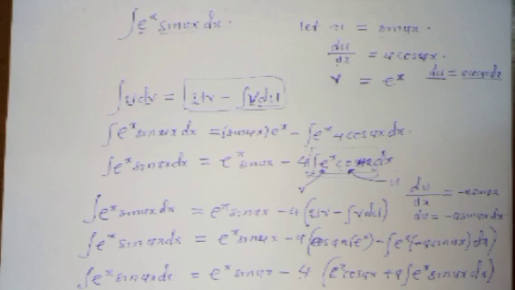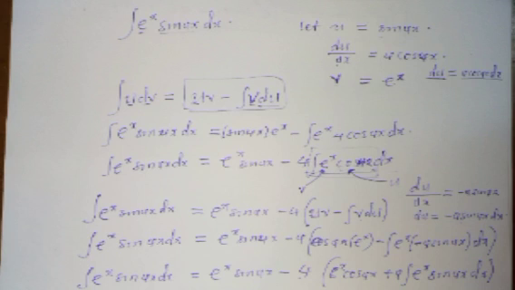Then you plug in everything, and it will be 4 open bracket uv minus the integral of v du. So in this case, my u has to be 4 cos 4x. If you differentiate that, you're going to get negative 4 sine 4x.